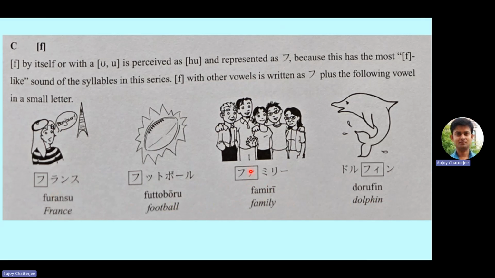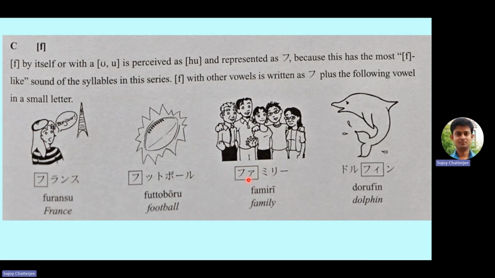Here we don't have any fa sound, it's the ha sound, but as you can see it is written as fu followed by a small a, so that makes it fa and it's no longer ha. That's the reason we have this in katakana, which is not present in hiragana. In hiragana there is no such sound, so it has been specifically adopted for writing English words.